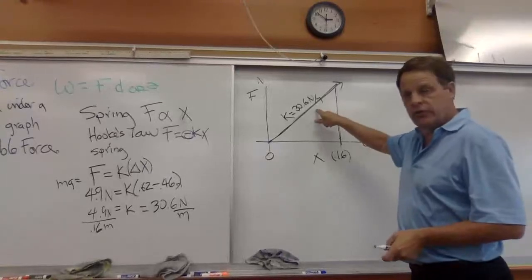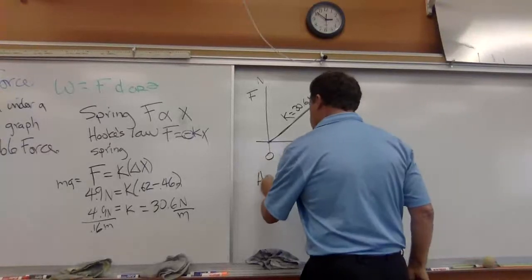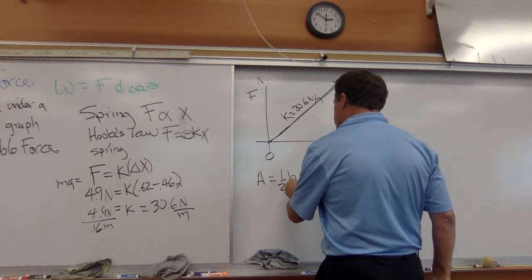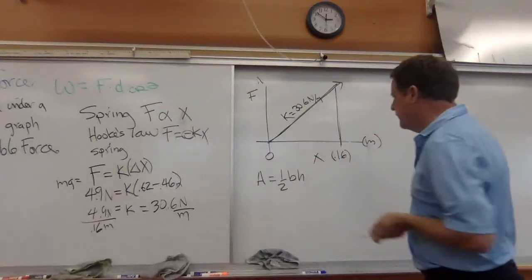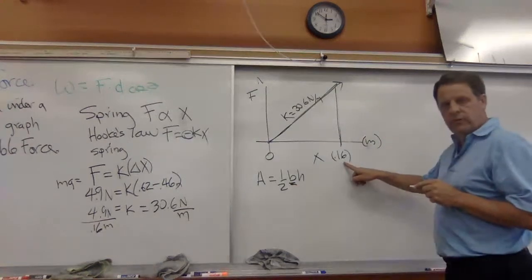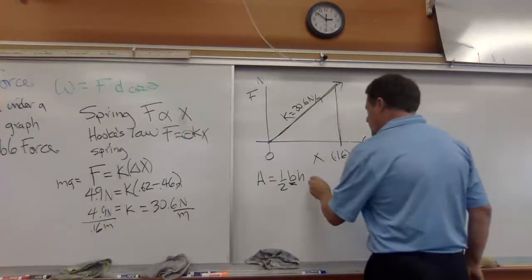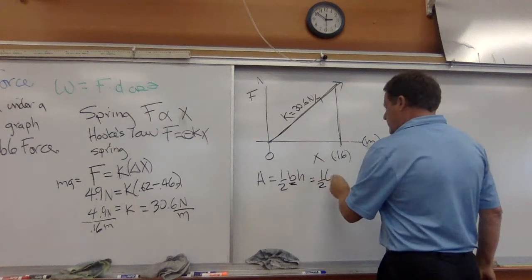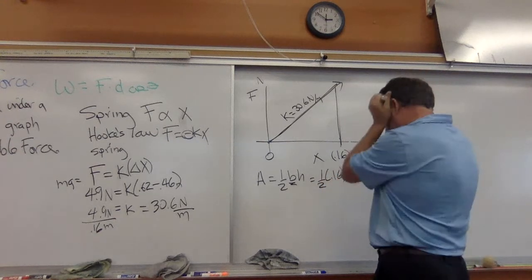Now we can see that this is a triangle, so the area is equal to 1/2 the base times the height. Right here we know that the base is 0.16, so we can say 1/2 the base of 0.16.